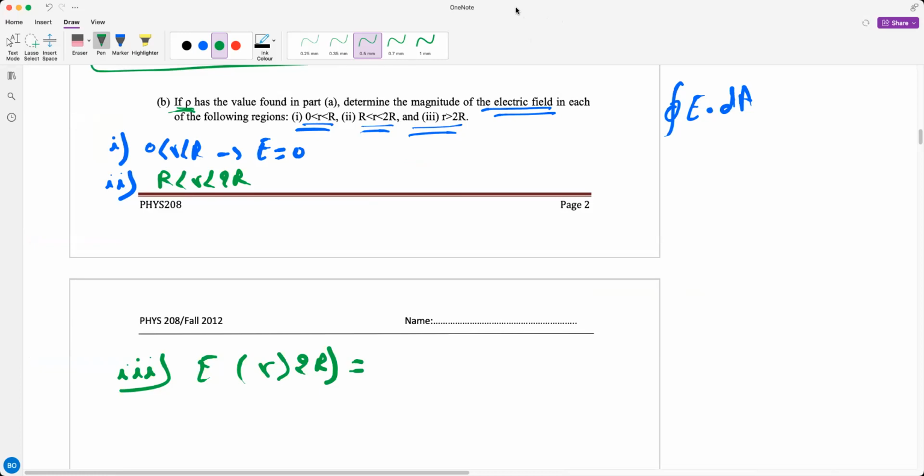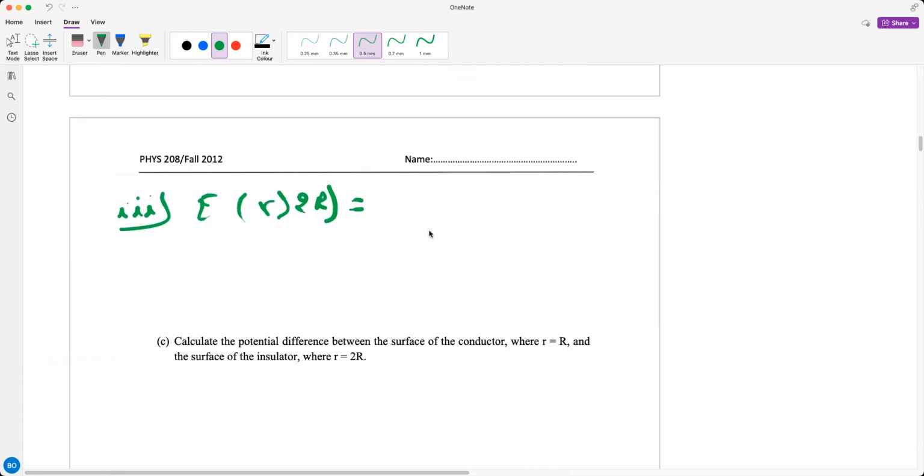You need to go for Gauss's law also. Gauss's law might give you this, yes, but you need to go for Gauss's law.